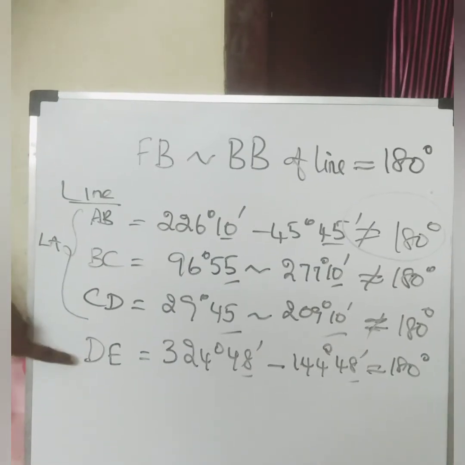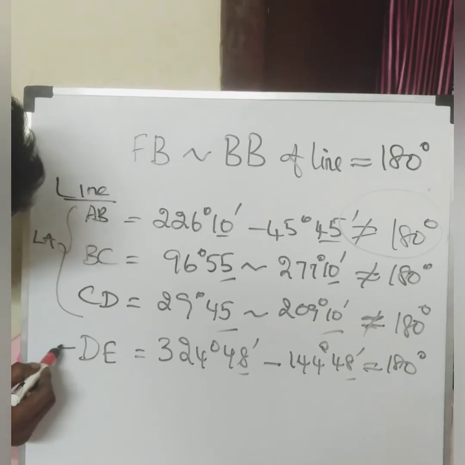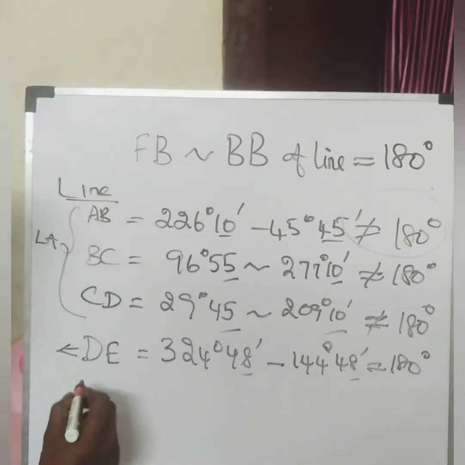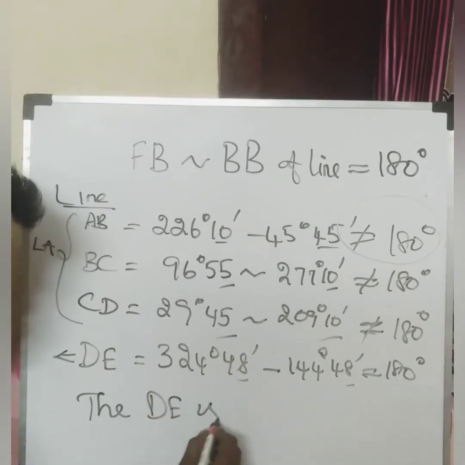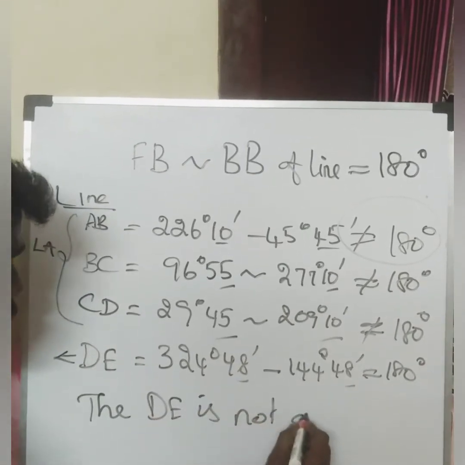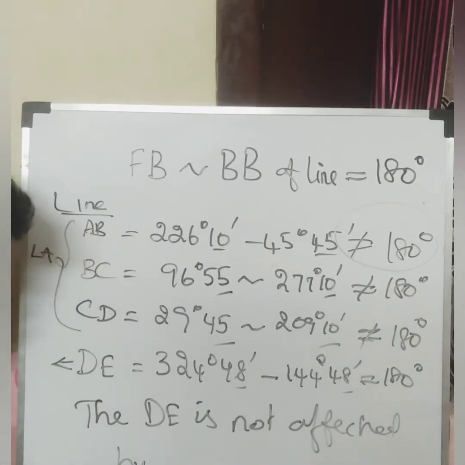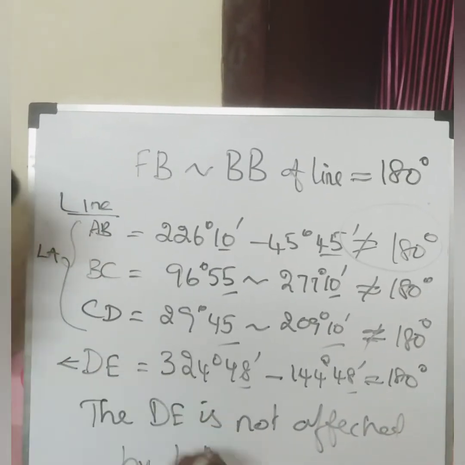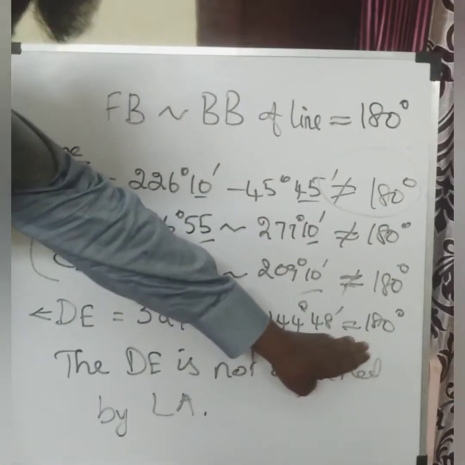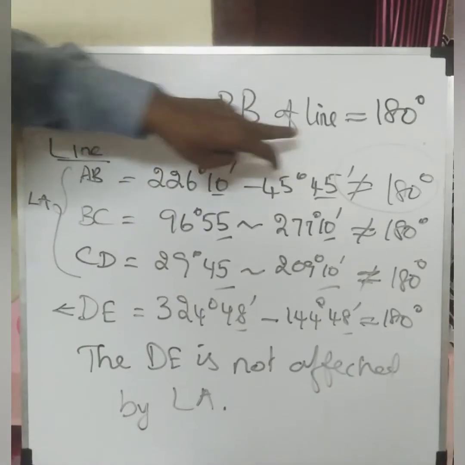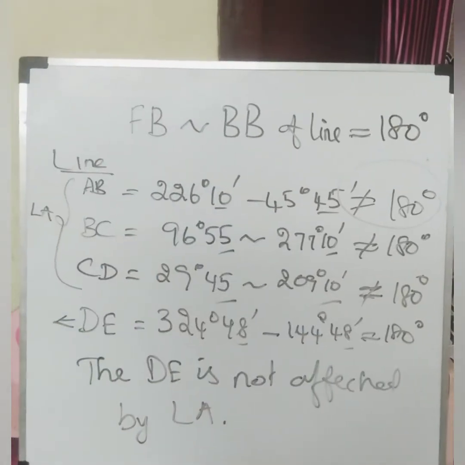The line DE from the observed one is not affected by local attraction error, because here you can see it satisfies the above condition: the difference between the forebearing and back bearing of the line is equal to 180 degree.